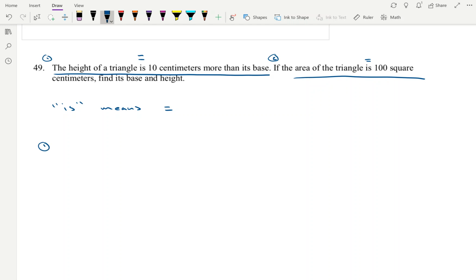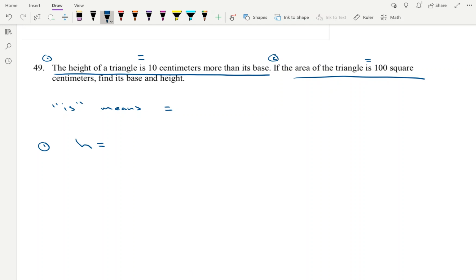The first one says the height of a triangle is 10 centimeters more than its base. So what variable do we want to use when we say the height of a triangle? Well, usually we say h, okay, so let h equal the height of the triangle. And the word "is" gives us an equal sign.